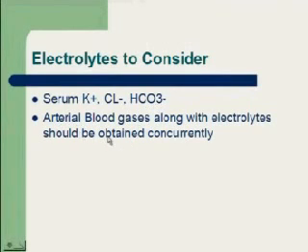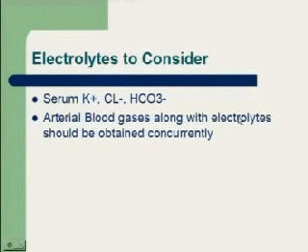One way to analyze these electrolytes, or to analyze the concentration of oxygen and carbon dioxide, is to perform arterial blood gases, or drawing blood from an artery, such as the radial artery in the wrist or the femoral artery. These arteries have higher concentrations of O2 versus CO2.